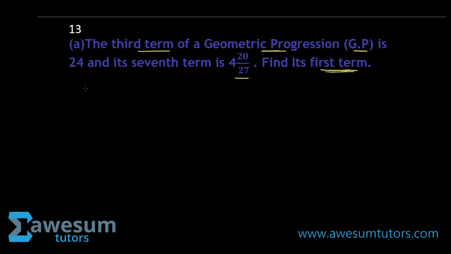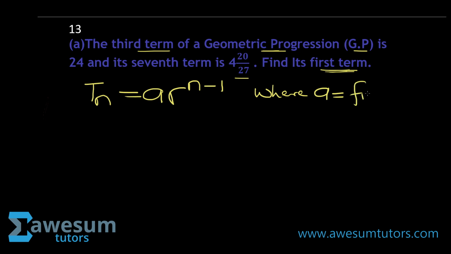So you need to first of all write out the formula for the nth term of a geometric progression, which is A R raised to the power of n minus 1, where A is the first term and R is the common ratio.